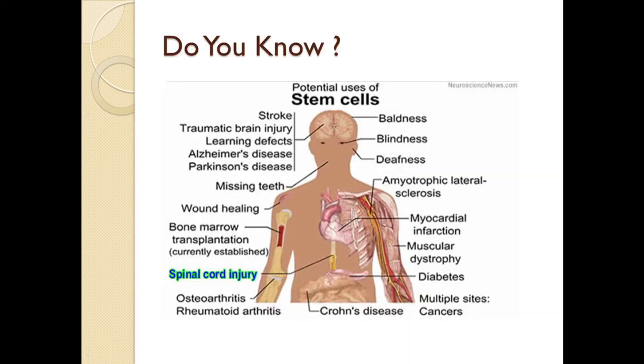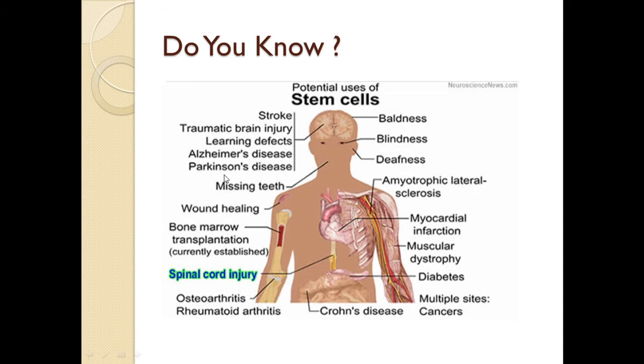See, here you may see the potential uses of stem cells. The stem cells collected from the placenta can be used to treat baldness, blindness, deafness, sclerosis, myocardial infarction, muscular dystrophy, even diabetes. It is also useful to control cancer, spinal cord injury, osteoarthritis, wound healing.